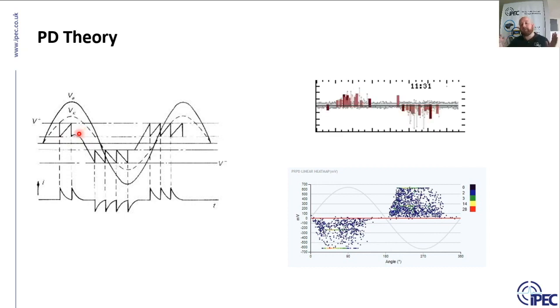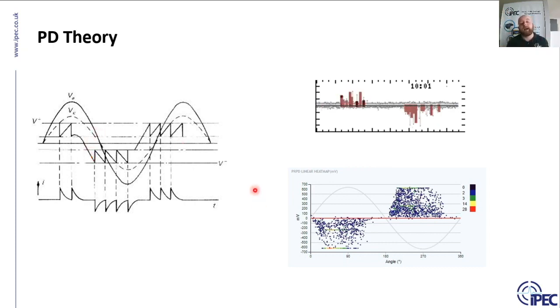So on the rising edges of the power cycle, the positive goes inside and then the negative goes inside, we get an increase in charge, a discharge, increase, discharge, and then we flip to the negative side, and then we get an increase, discharge, increase, discharge. So PDs have a very specific pattern in the power cycle. As the energy in the power cycle increases, discharge will occur both on the positive side and the negative side of the power cycle.